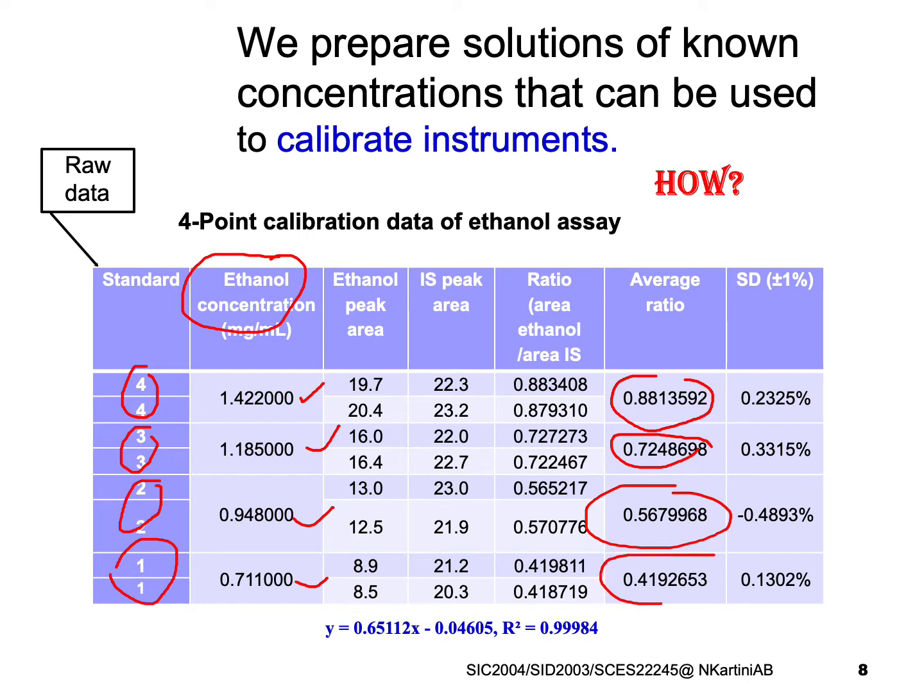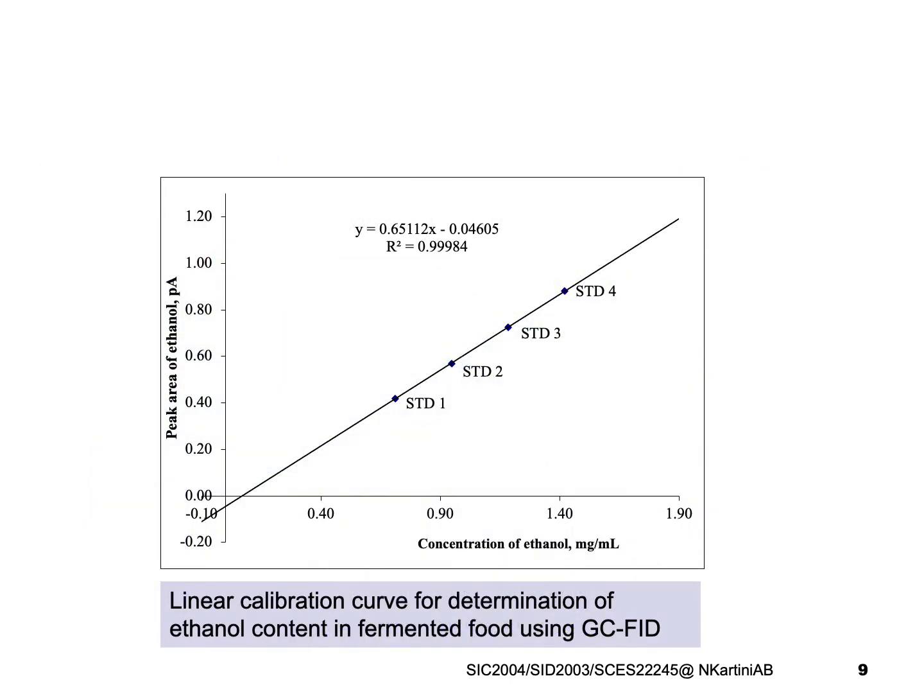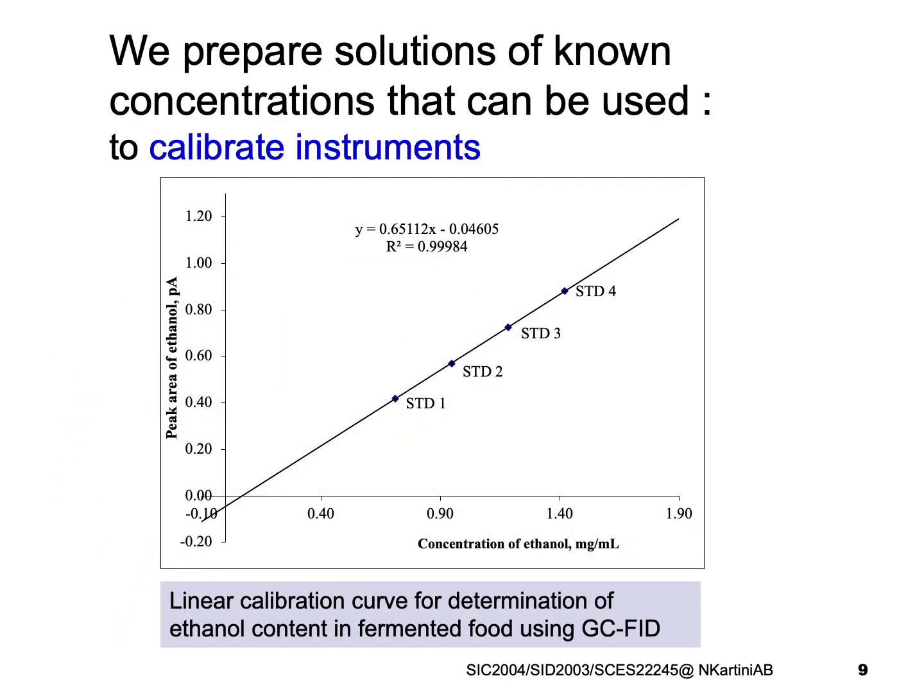From these values, you are going to plot a calibration curve as shown in the next slide. This is the calibration curve that has already been plotted, and the R square is 0.99. That means your calibration curve is good. However, normally the calibration curve should start at 0.